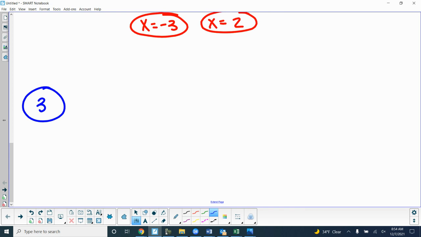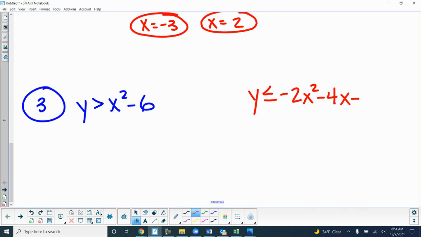All right, so the first one is y is greater than x squared minus 6. And the second one is y is less than or equal to negative 2x squared minus 4x minus 1. Okay? So all we're doing is graphing those, and you guys have been using your calculators, I think, to graph them, right?